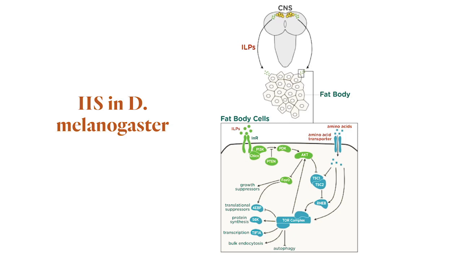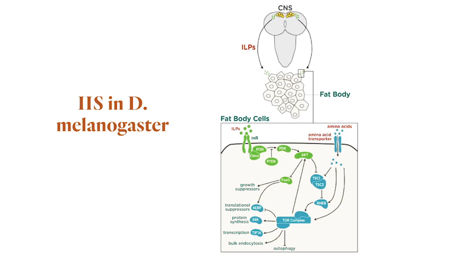Flies were instrumental in deciphering the interaction of the IIS with another important signaling pathway in the regulation of aging. This other pathway, named after its key protein TOR, or target of rapamycin, is an amino acid responsive pathway that controls the rate of protein synthesis. We will talk more about TOR signaling in a later module on protein homeostasis, but for now, IIS and TOR interface at many levels.